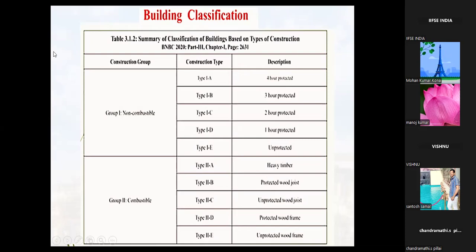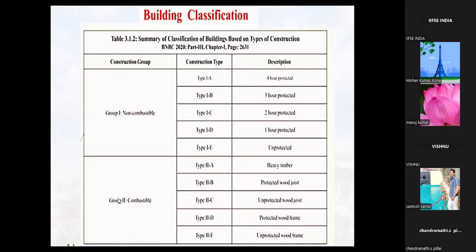Then again, building classification. This is the summary of the building classification based on the type of construction. So group 1, non-combustible, is the cement and steel structure houses. Then it is subdivided into type 1A, type 1B, depending upon the rating of the protection, whether it gives 1 hour, 2 hour, up to 4 hours of fire protection.